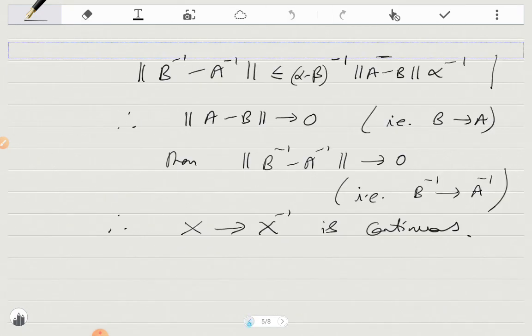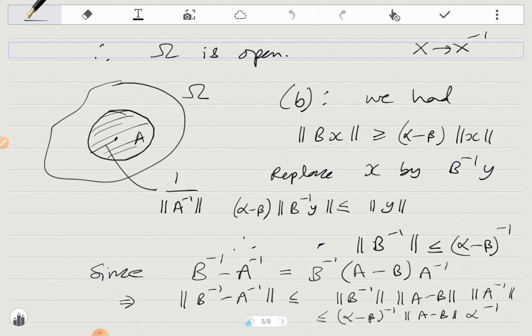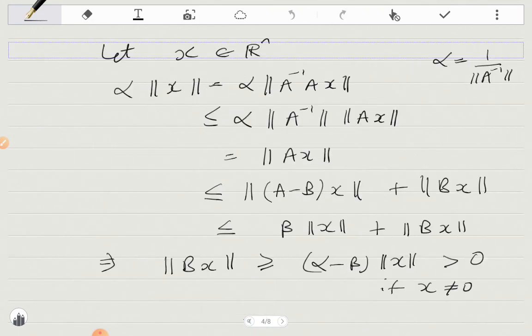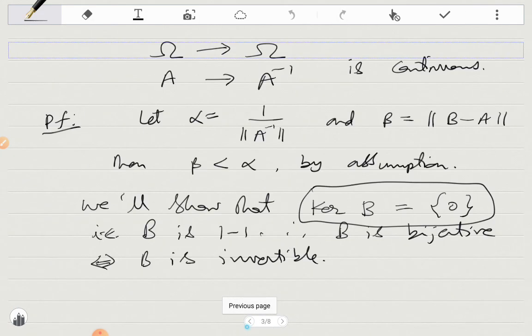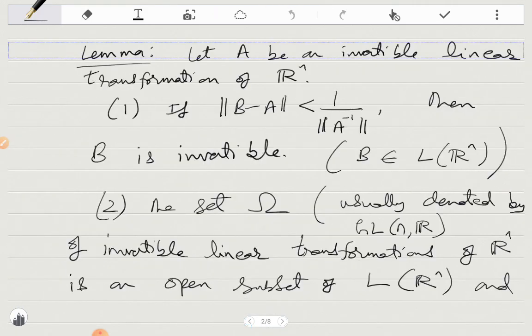See, this lemma which said that, where were we? Oops, it's quite a while back. Right. Yeah, one knows that if B minus A is less than this quantity 1 over norm A inverse, then B is invertible. This is the very basic linear algebra lemma.